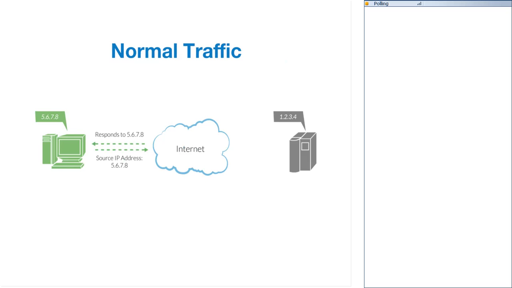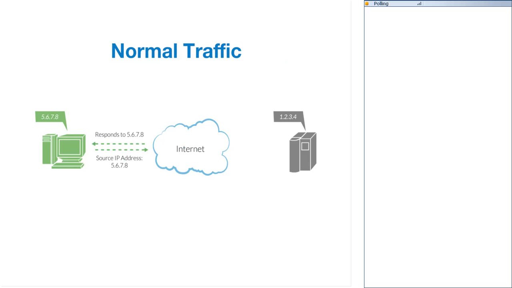So let's take a little bit of a look at how traffic should operate. And since we're talking about DNS, we're going to talk about queries here. So our friend here at host 5.6.7.8 is green, everything is good. It sends a question out to some authoritative name servers on the internet, and it does so when it's behaving properly with a source IP address of its own, 5.6.7.8.